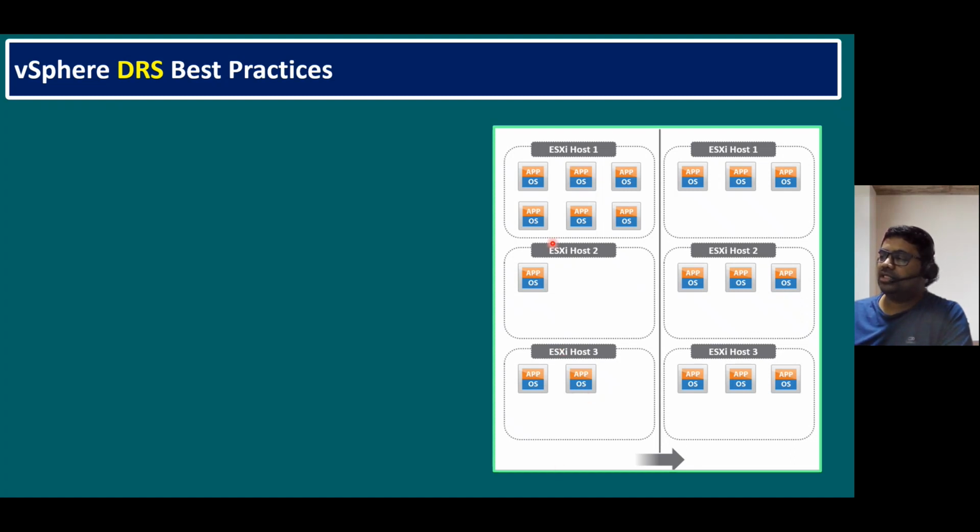Suppose in this 3 ESXi host cluster, when we enable the DRS feature, DRS will help us balance the load among the ESXi hosts. When we enable DRS, see, it changes like this. That means 3 VMs are moved, 2 VMs move to ESX2 and 1 VM moves to ESX3. The load is equally distributed across the 3 ESXi hosts. That is the main benefit of DRS, Distributed Resource Scheduler.